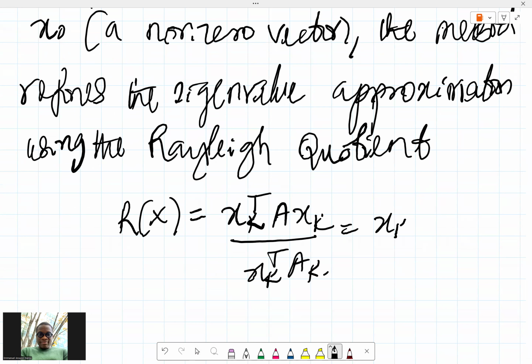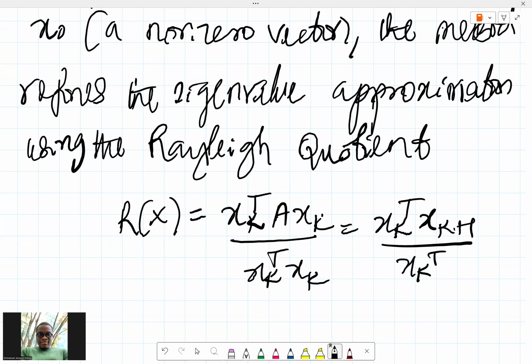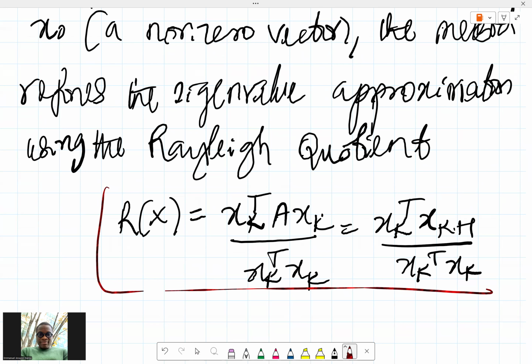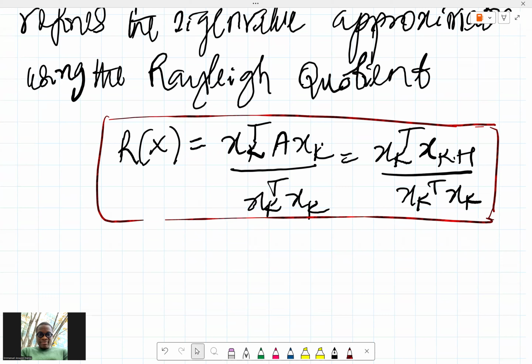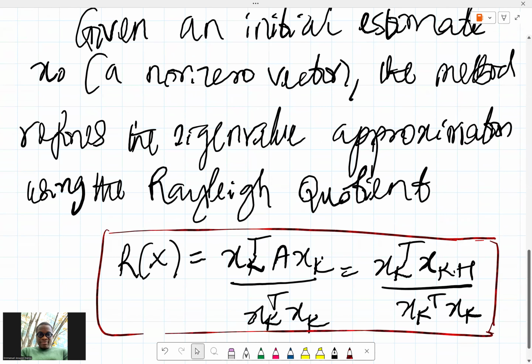This is actually the same thing as x_k transpose x_(k+1) all over x_k transpose x_k. Either of these would pass. So that's the Rayleigh quotient, which is exactly what we had for the power method and the inverse iterative method, except for a few differences in between.